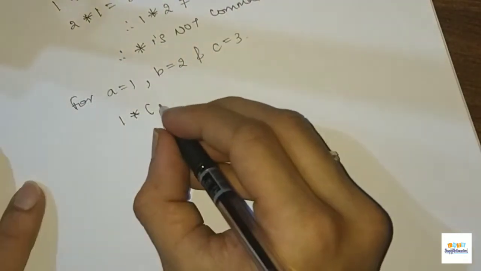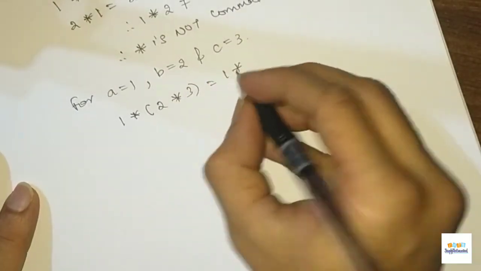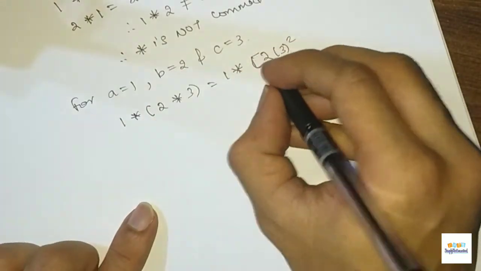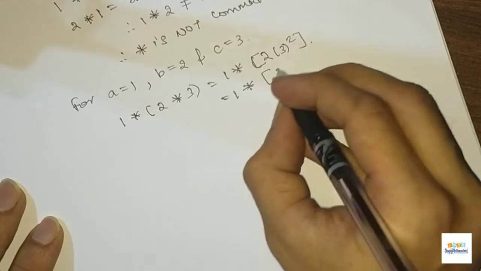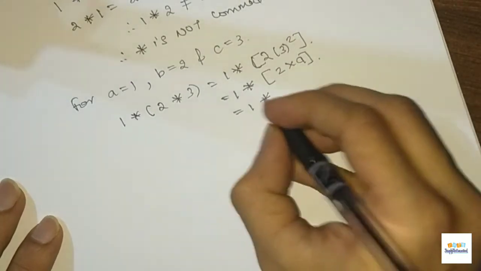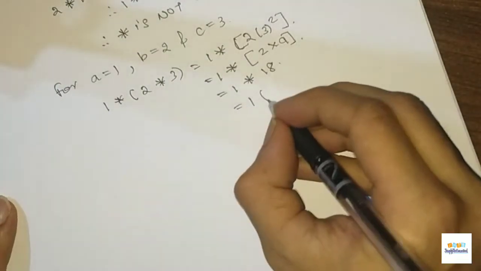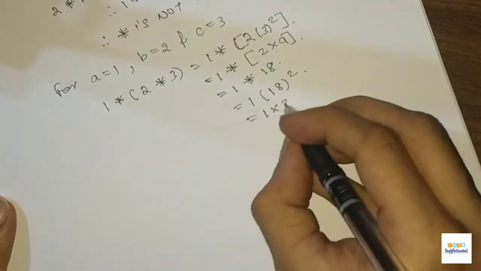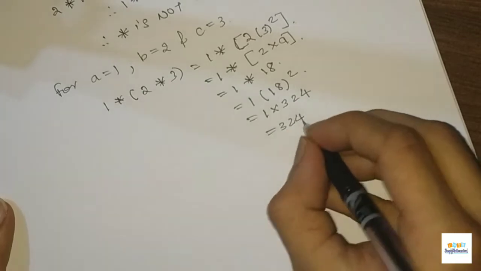We have to check 1 star (2 star 3), which is equal to 1 star (2 multiplied by 3 square), which is 1 star (2 multiplied by 9), which is 1 star 18. That is equal to 1 multiplied by 18 square, which is 1 into 324. 18 square is 324, so it is 324.